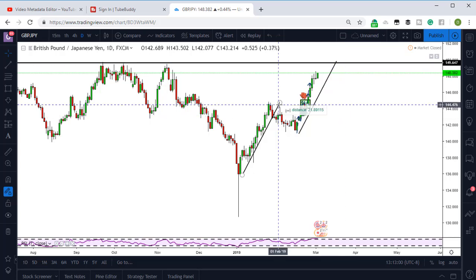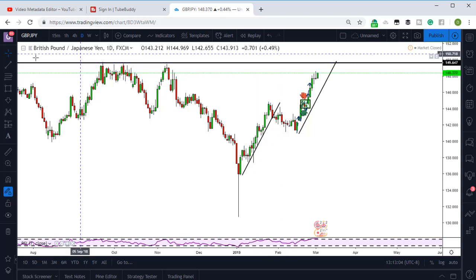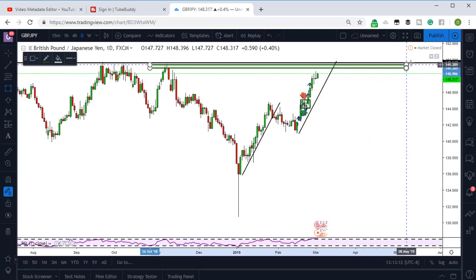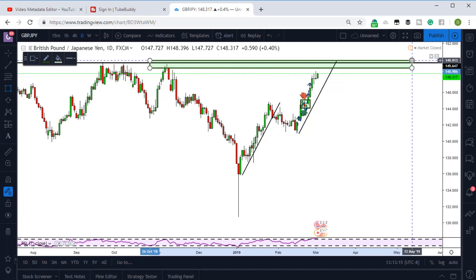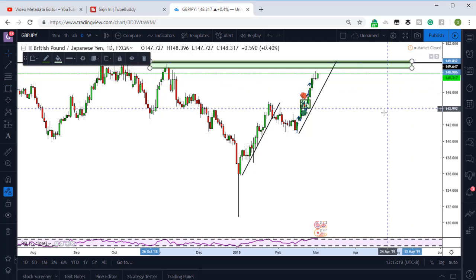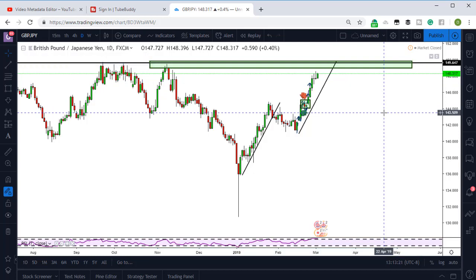Now of course it's a zone, it's not one line that I'll be looking for. We could try to grab this and just zone it out, just give it a zone. As soon as price action comes to this zone, this is where we'll be considering taking the sell.